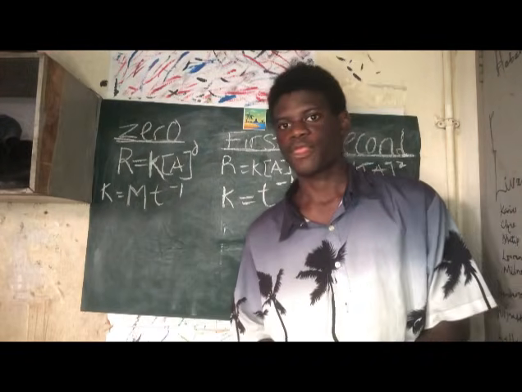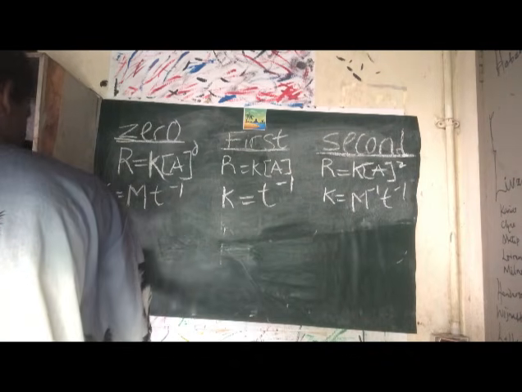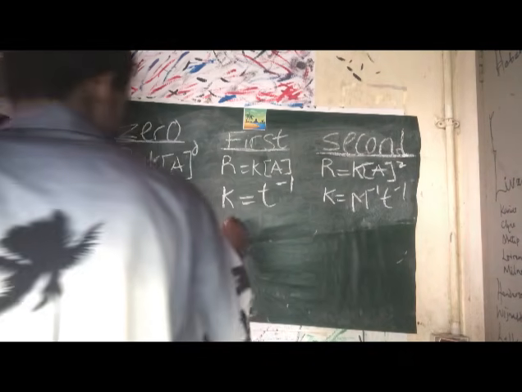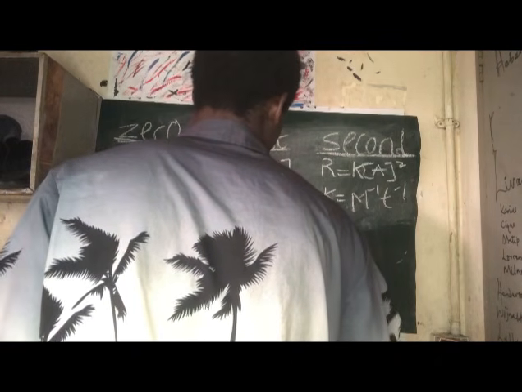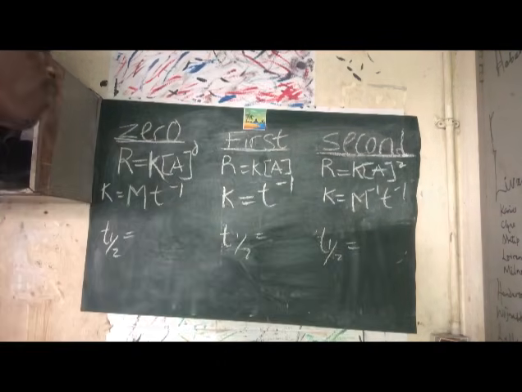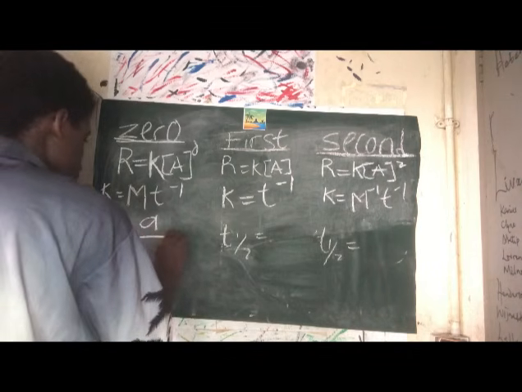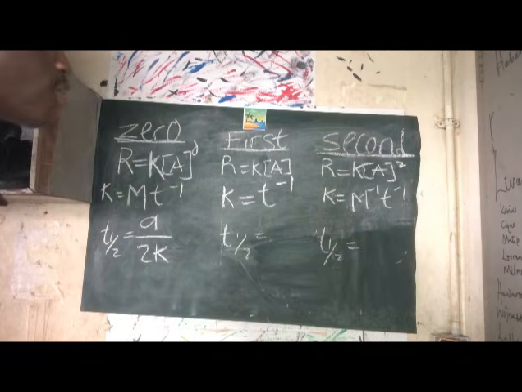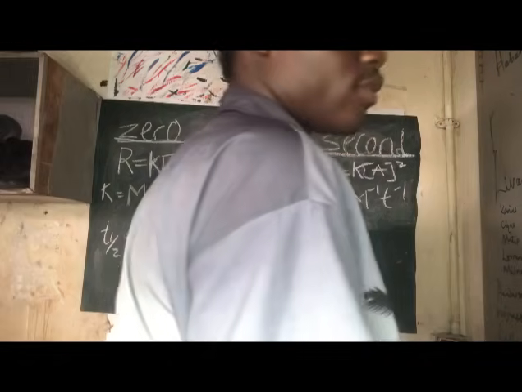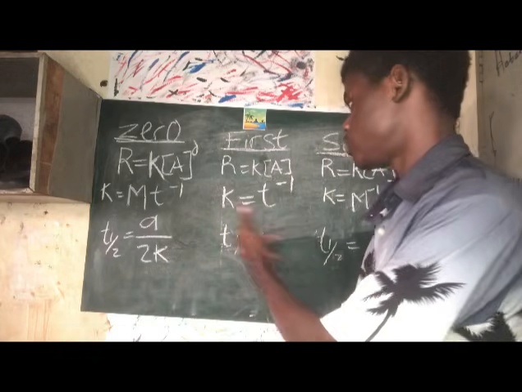Now let's find half-life. For half-life of 0th order, half-life of first order, and half-life of second order. For 0th order, the half-life is concentration A over 2k. That's the half-life for the 0th order.